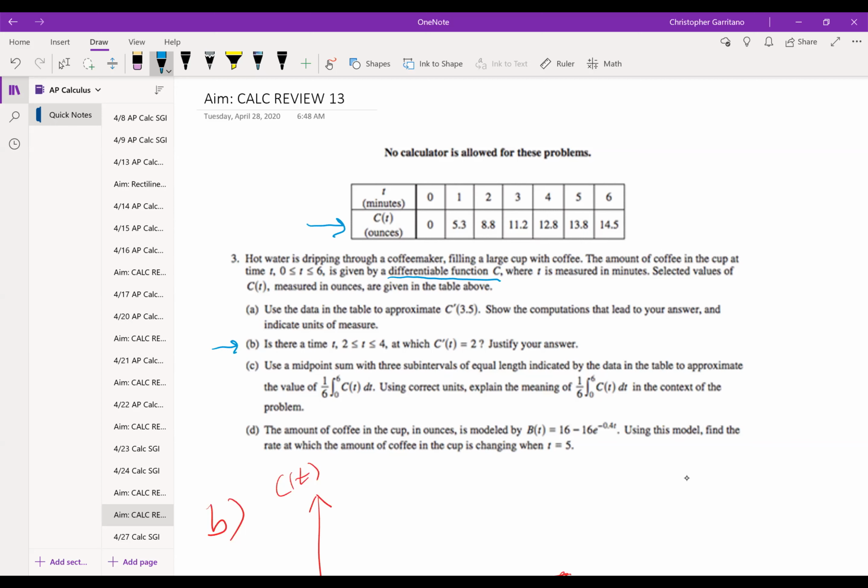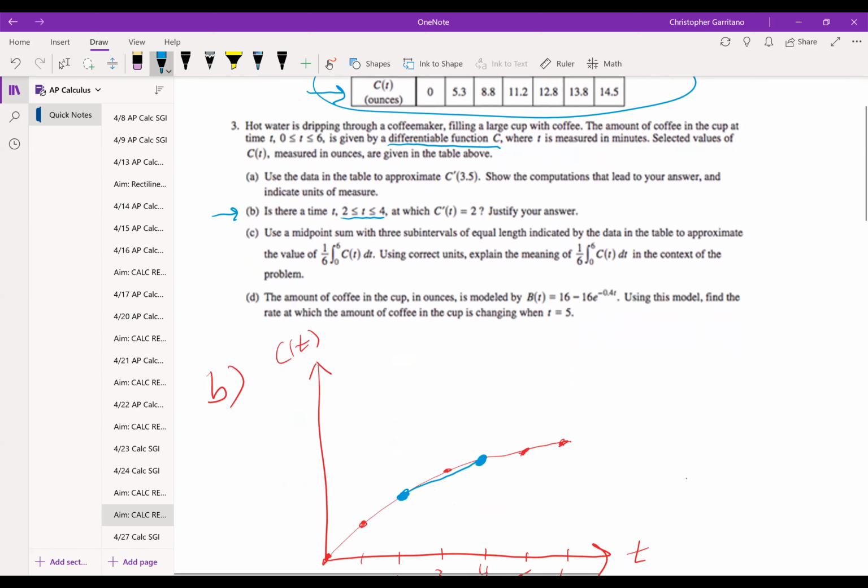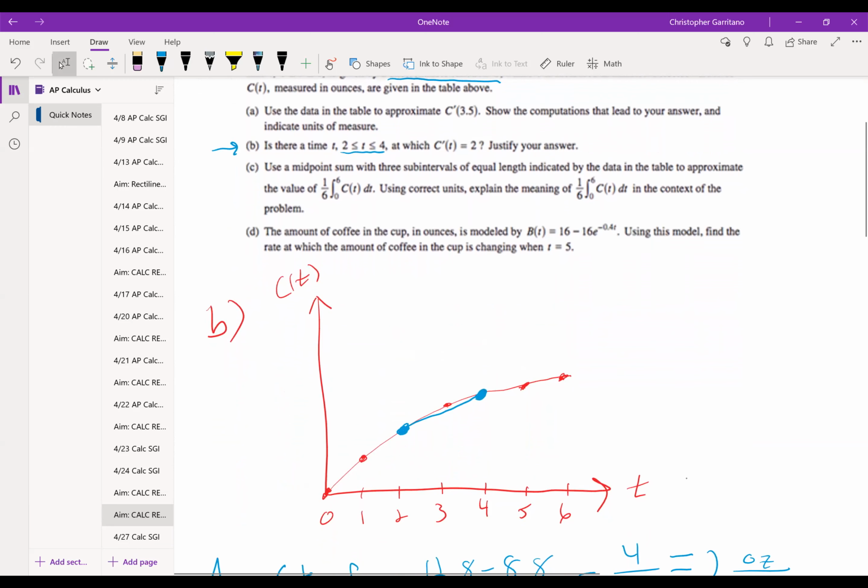So it's saying, is there a time t at which C prime of t is equal to 2 on this particular interval? So what I've done is I've taken these 7 points from this snapshot and plotted them on a graph. When we look at the amount of coffee in the cup with respect to time, we have this red curve here.